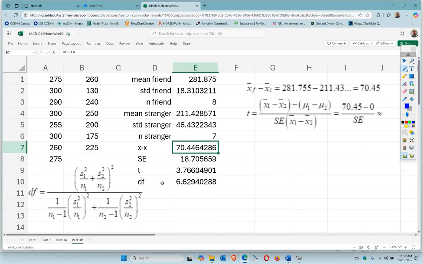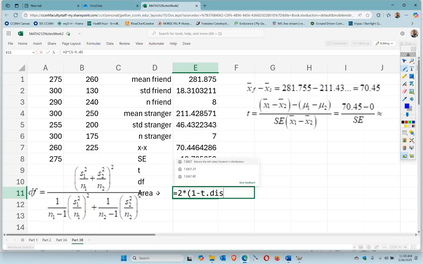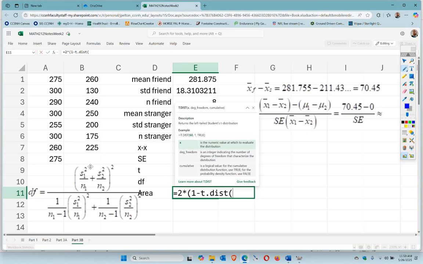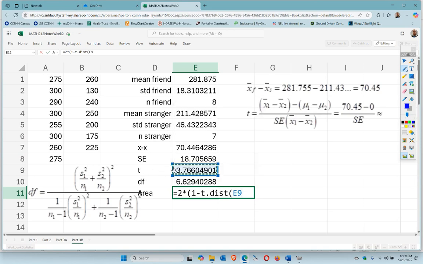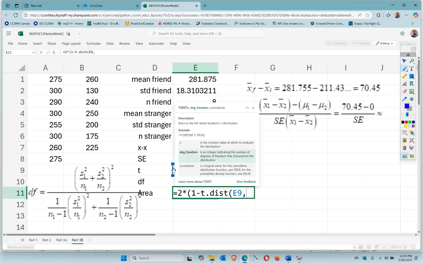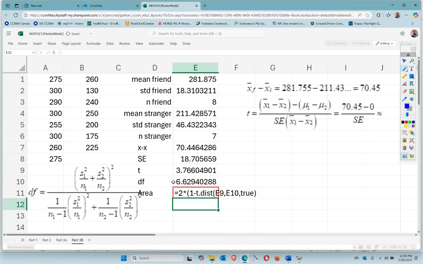Okay, so let's go to here. We'll type in area equals 2 times, parentheses, 1 minus t dot distribution. Right? I'm going to click on the t value, at least try to, comma, degrees of freedom, comma, true. Right, what did we do here?